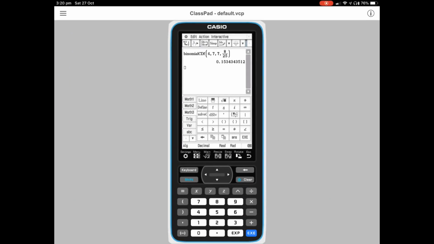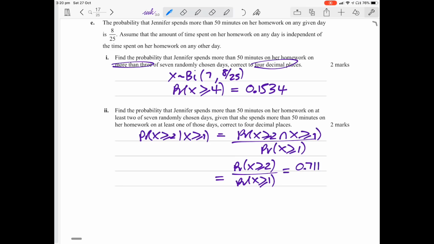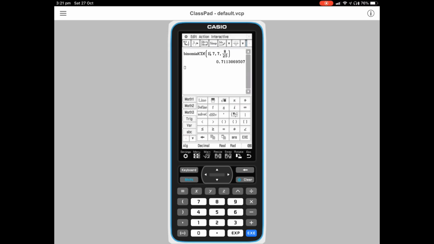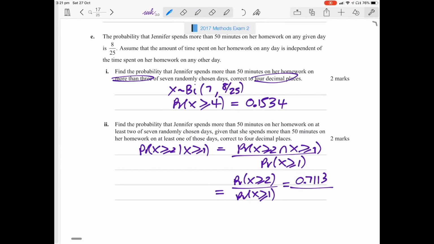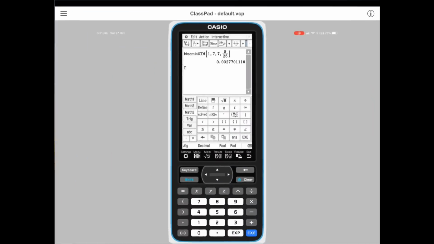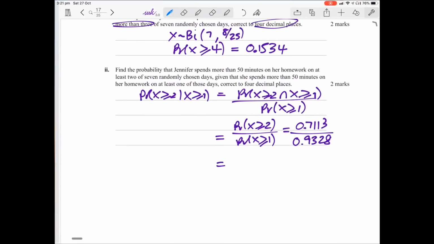Greater than or equal to 2 is 0.7113, over greater than or equal to 1, because we're going from 1 to 7, 0.9328. Don't forget to use the whole value, so let's put that on top with a 2 instead of a 1, which equals 0.7626.